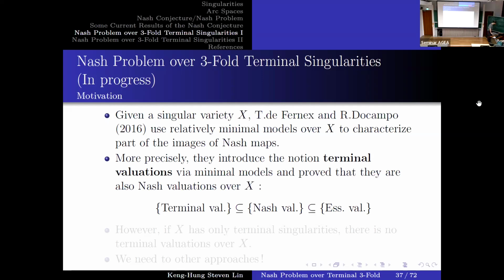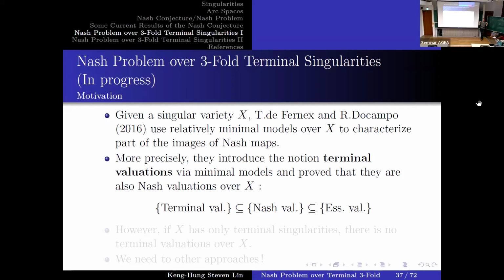Okay, so the idea is the following. If you have a singular variety X, you try to run the relative minimal model program. First you apply a resolution on X. Then you try to do divisorial contractions.